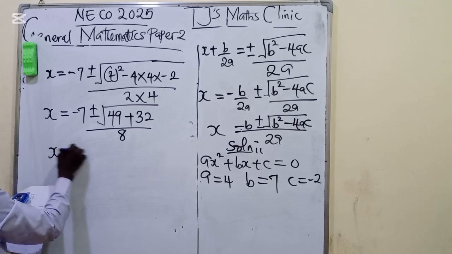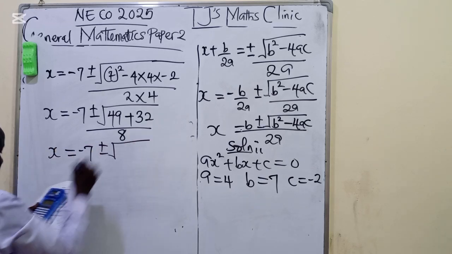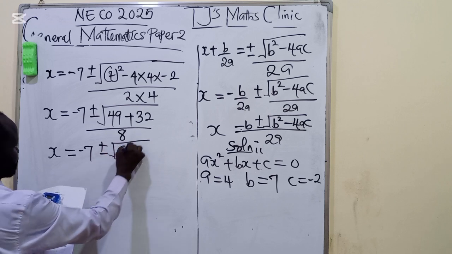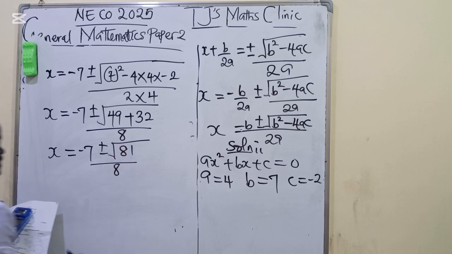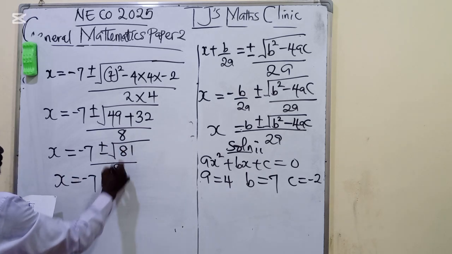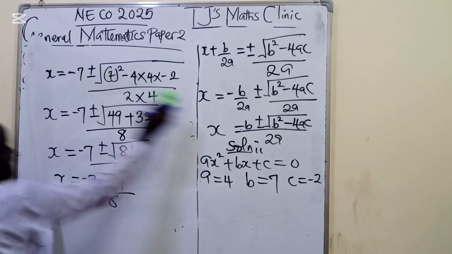So we have x now will be equal to −7 plus or minus. We add 32 plus 49, we have, of course, 81, divided by 8. So x now will be equal to −7 plus or minus the square root of 81, which is 9, divided by 8. So we have two values of x.